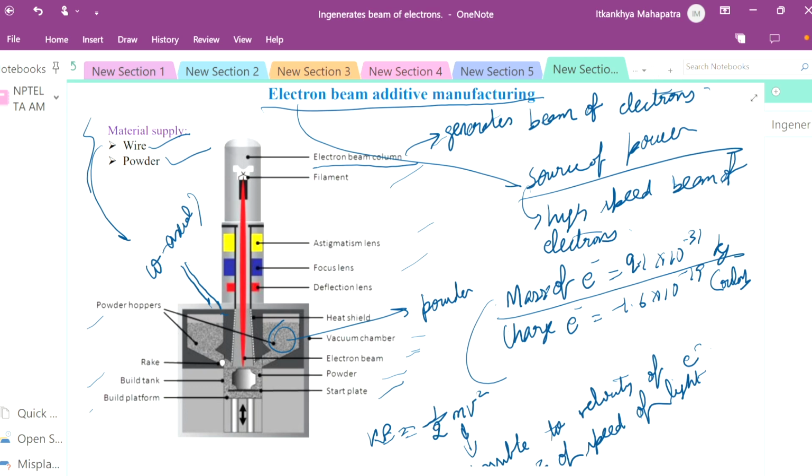Next we will discuss elements like filament, lens, heat shield, vacuum chamber and electron beam in the coming slides, but the powder hopper we will discuss here. I hope this part was very clear to all of you.